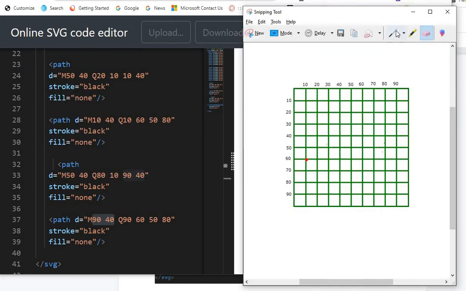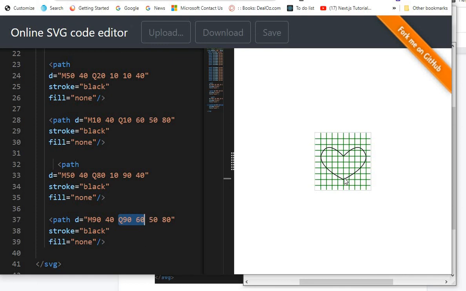So 90 and 40 is around here, and the ending point is 50 and 80. Now draw a straight line. The control point is at 90 and 60, which is 90 here, and the 60 is around here. So imagine you pulling this from this point outward, and it will form a curve something similar to this. So that's why you have this curve here.